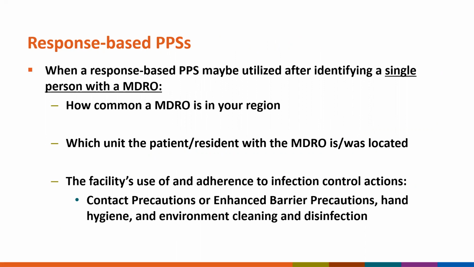In addition, MDM, as in our case, was very uncommon in this facility. So that would be yet another reason for going ahead and doing testing just after identifying that one person. And in addition, like in our case, this gentleman hadn't been on any type of contact or enhanced barrier precautions. So the risk of unwittingly transmitting that to somebody else was higher.